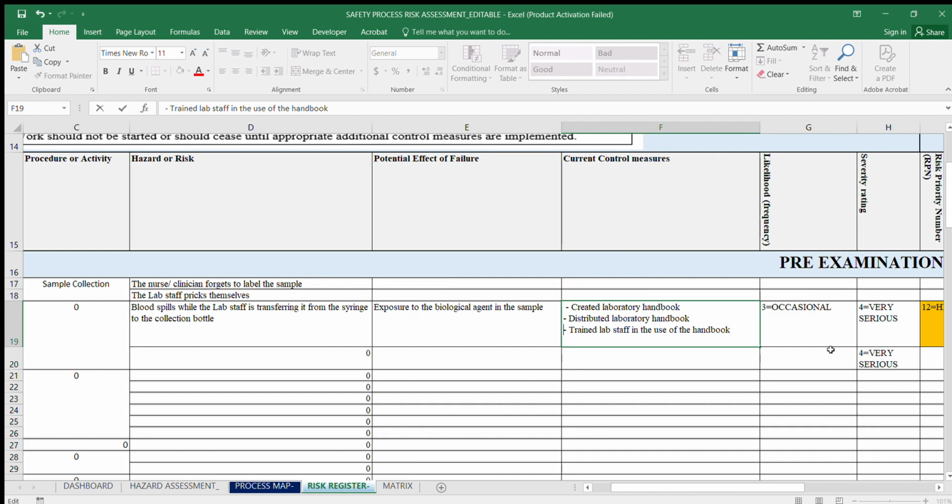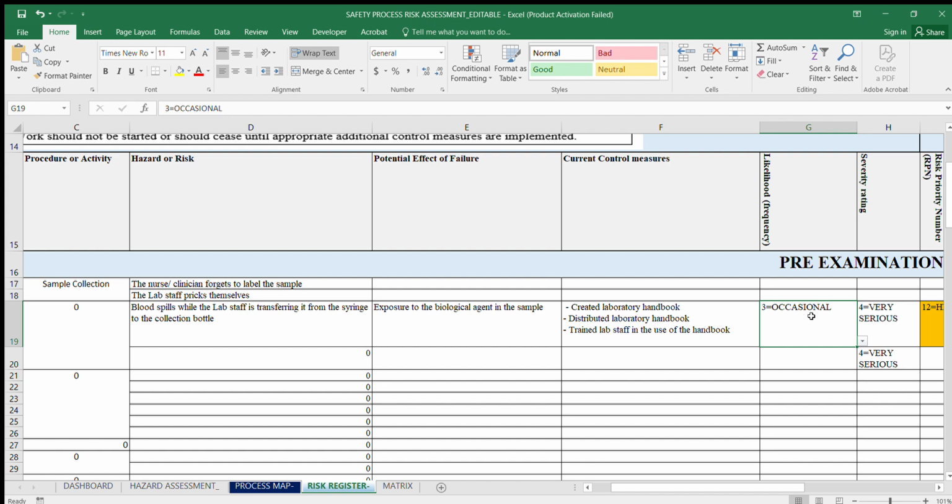So now let's look at what are the chances of this scenario happening. Before you calculate the likelihood, you need to consider the current control measures that you've put in place. So a handbook is prepared, distributed, and people are trained in the handbook. Then you also need to look at the history.